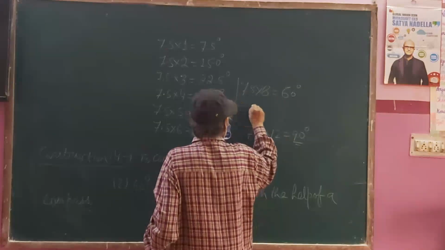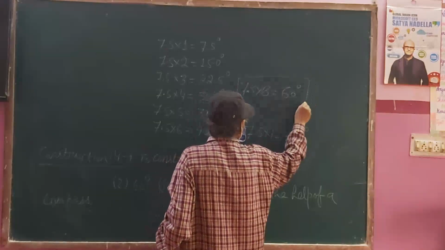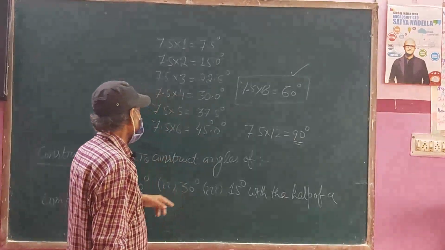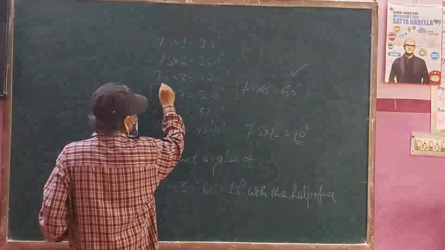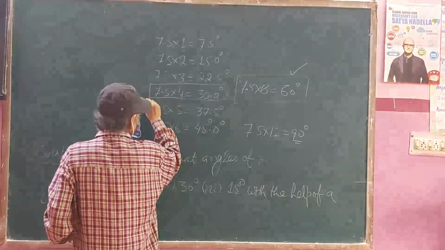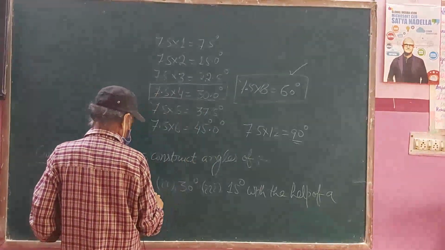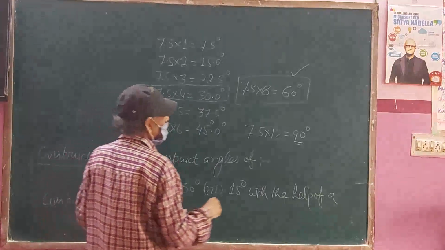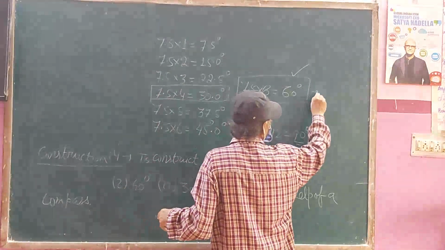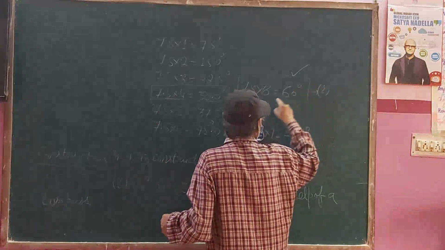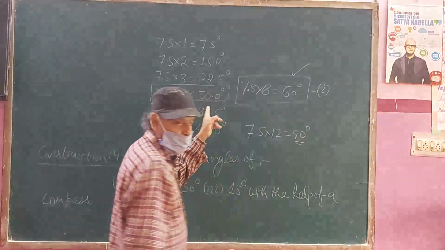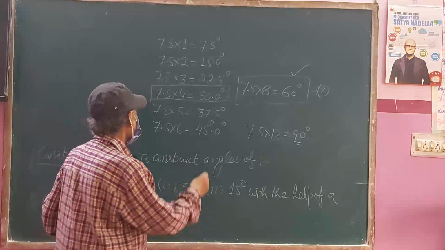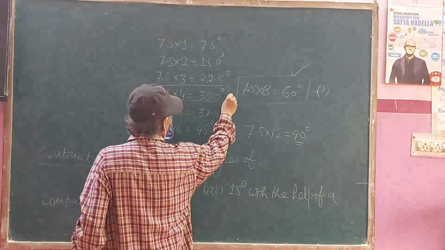So then you can make this angle with the help of compass. You can make it 30 degree. It is here. This construction 1 is 60 degree. This is 1. This lies in this table of 7.5. 7.5 into 8 is 60 degree. Then 30 degree is 2. This is 2.